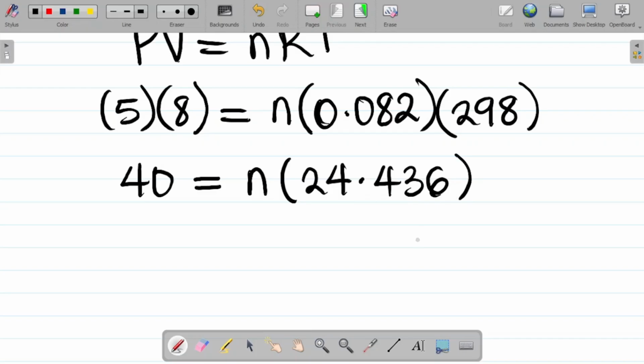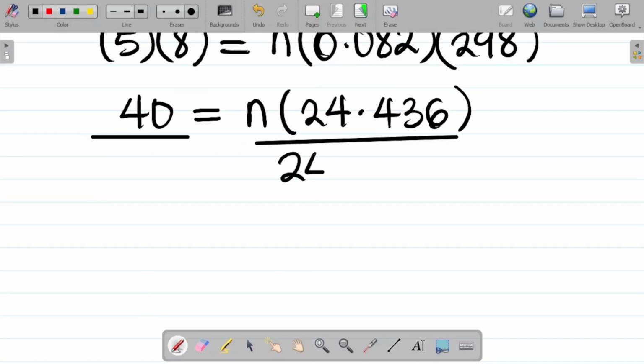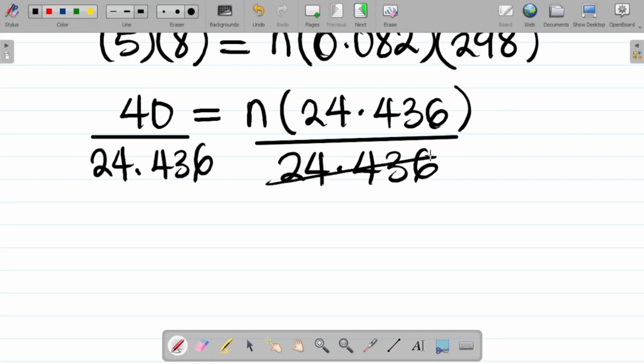To get the value of n, I'll divide both sides by 24.436, so this cancels this. Now n is equal to 40 divided by 24.436.